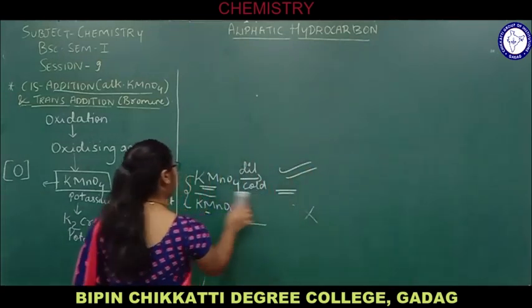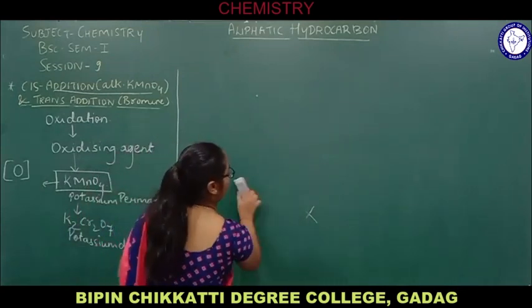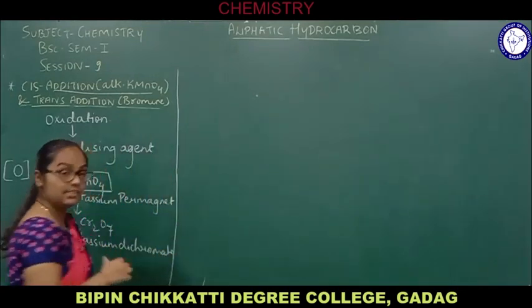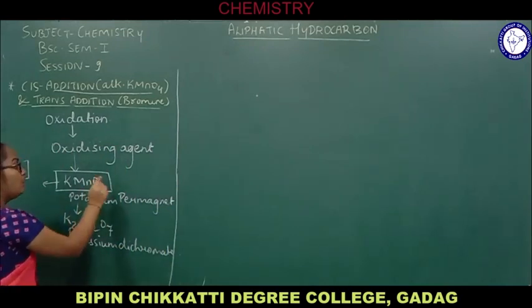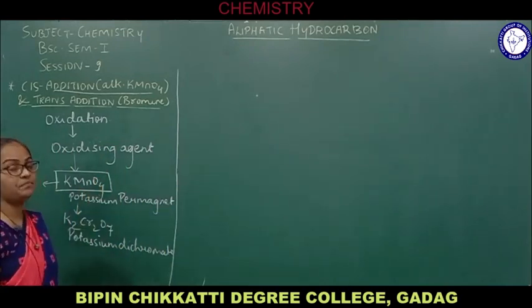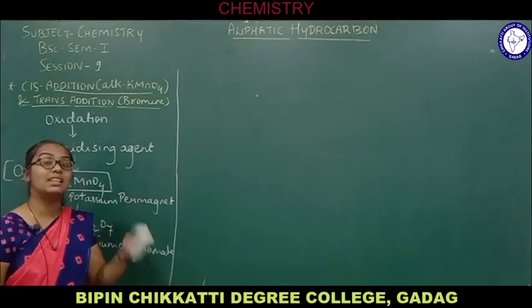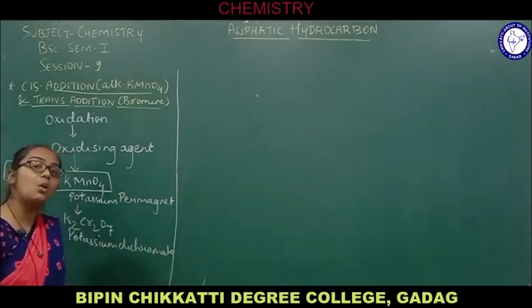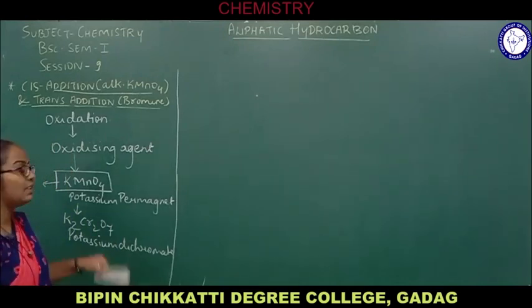Now let's carry on to another topic. As I said, potassium permanganate has a tendency of producing nascent oxygen. Now how does potassium permanganate produce the nascent oxygen? Let's understand that.